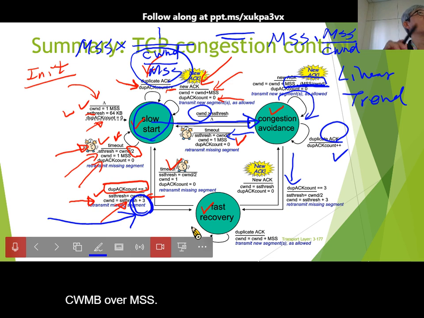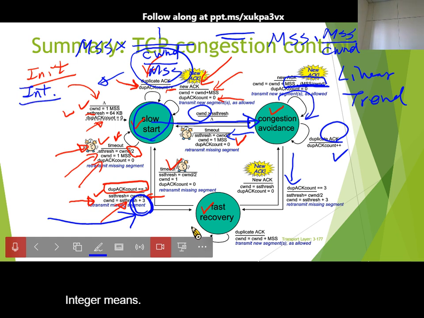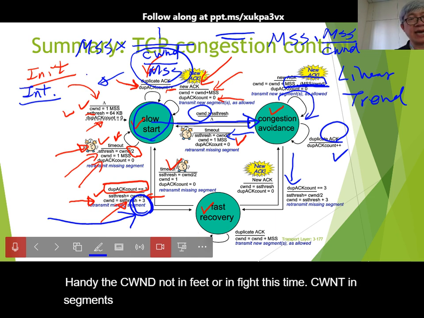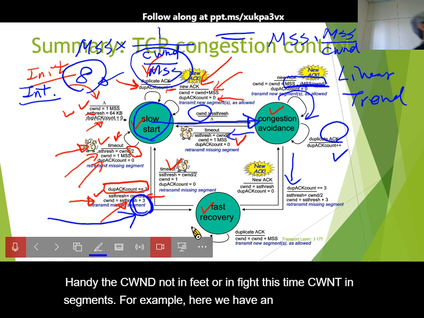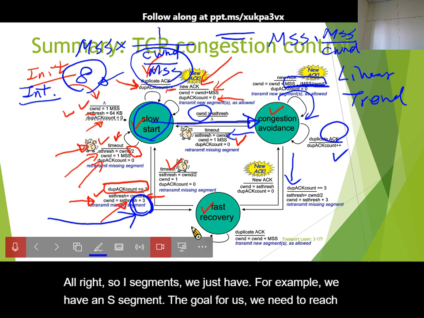What does that mean? This one, MSS, so that we have integers. Integer means currently the CWND is not in bits or in bytes. This time, CWND is in segments. For example, here we have 8 segments. The goal for us is to reach 8 segments, but just 1 over 8.